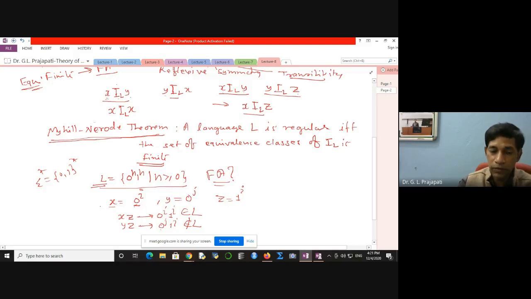For remembering all such strings, your FA must go to different states. So it is not possible to construct the FA with a finite number of states, because you would need to remember an infinite number of equivalence classes.